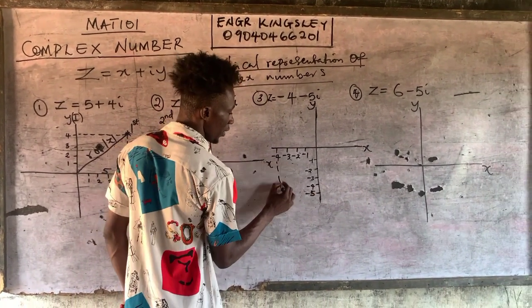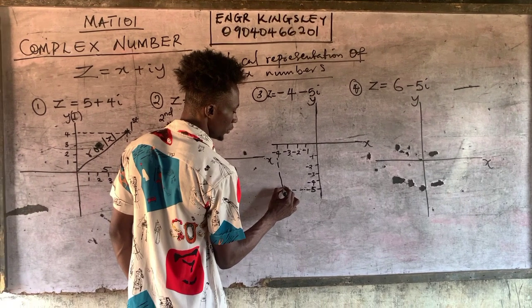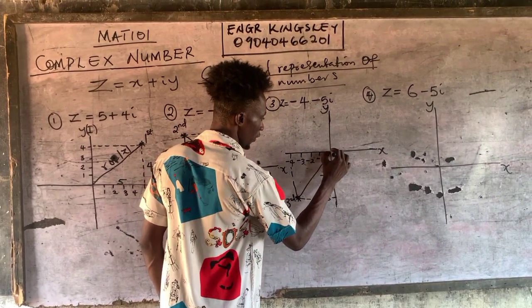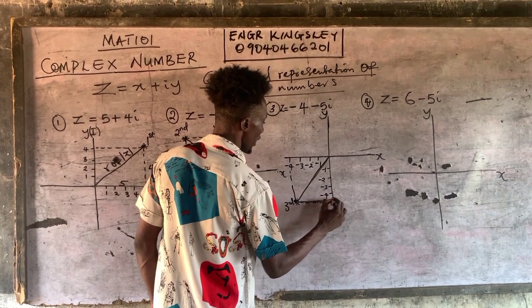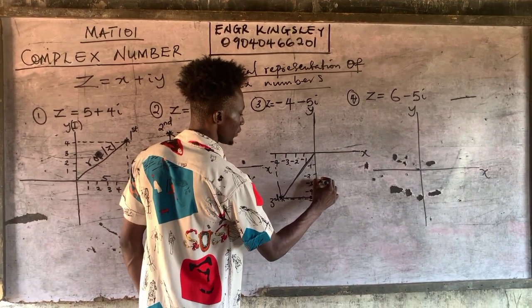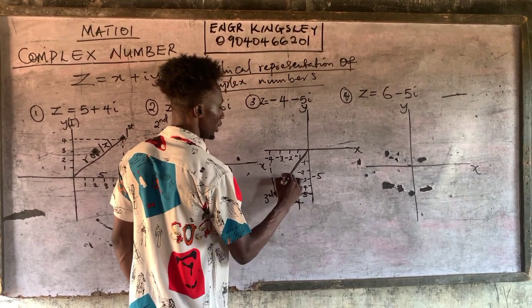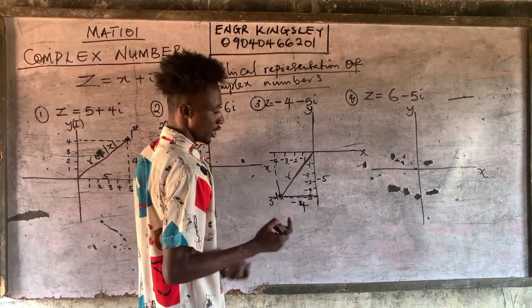So minus 4 and minus 5 will be meeting in the third quadrant, and the modulus always comes from the origin. Okay, the r, which is the modulus, comes here.